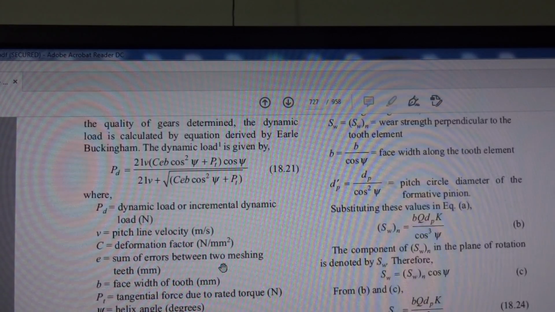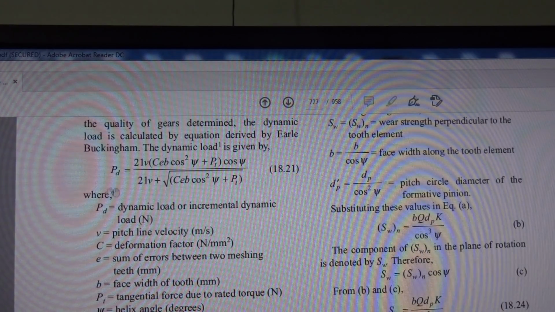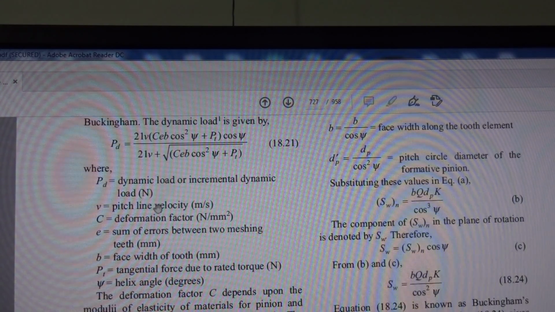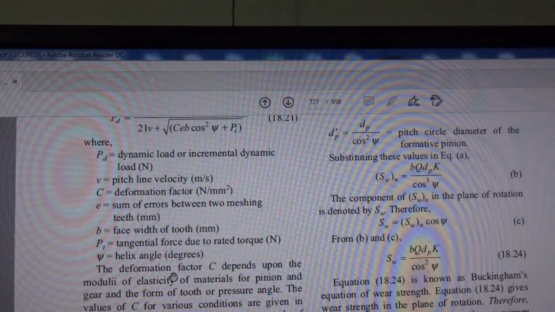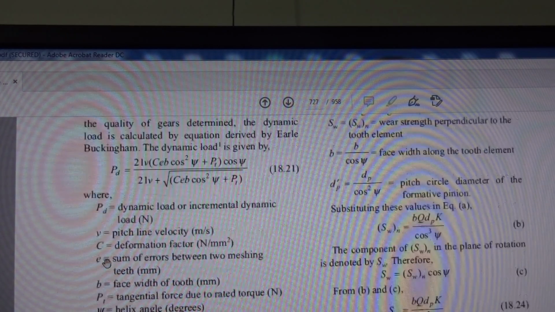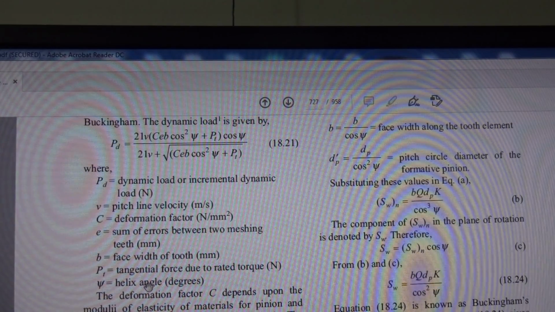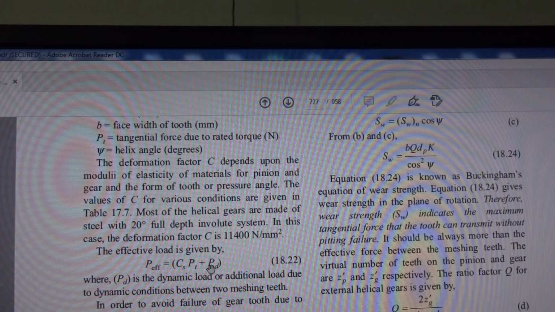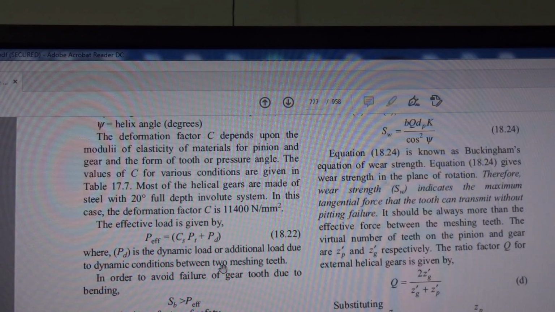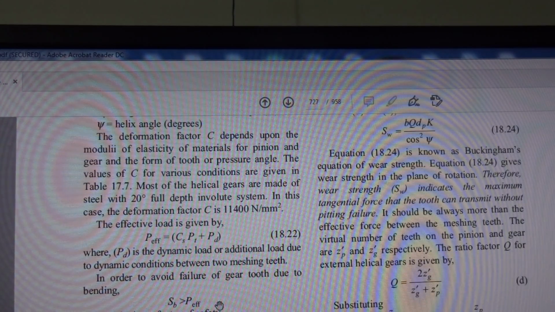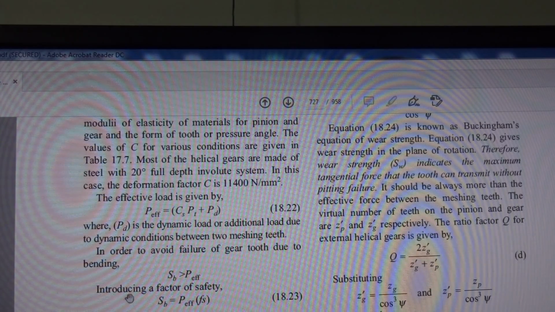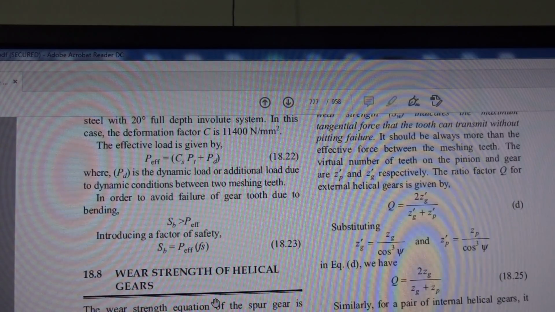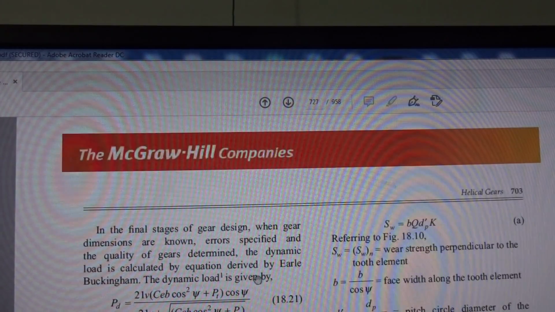You can consult the data book for the formula, but you should know how to apply it. All the terms have already been discussed for the spur gear. Only psi is extra, the helix angle. P effective is equal to CS PT plus PD. For the design, SB should be greater than P effective, and SB is equal to P effective into the factor of safety. So you can get the factor of safety from these relations.